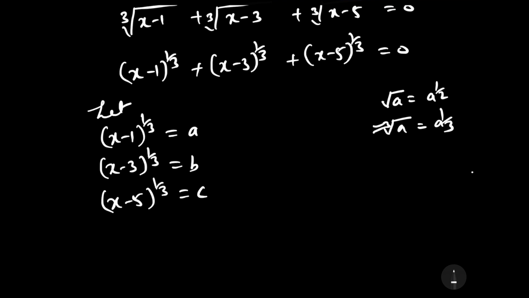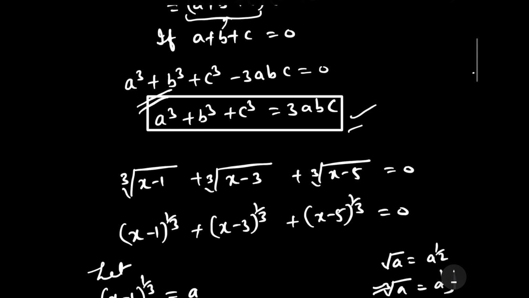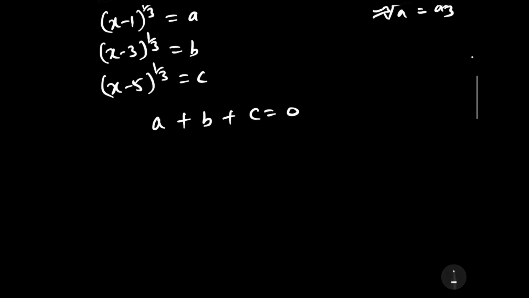Now putting these values in the above equation, it becomes a plus b plus c is equal to 0. Since a plus b plus c is equal to 0, we can use the identity a cubed plus b cubed plus c cubed is equal to 3abc. Hence, a cubed plus b cubed plus c cubed is equal to 3abc.